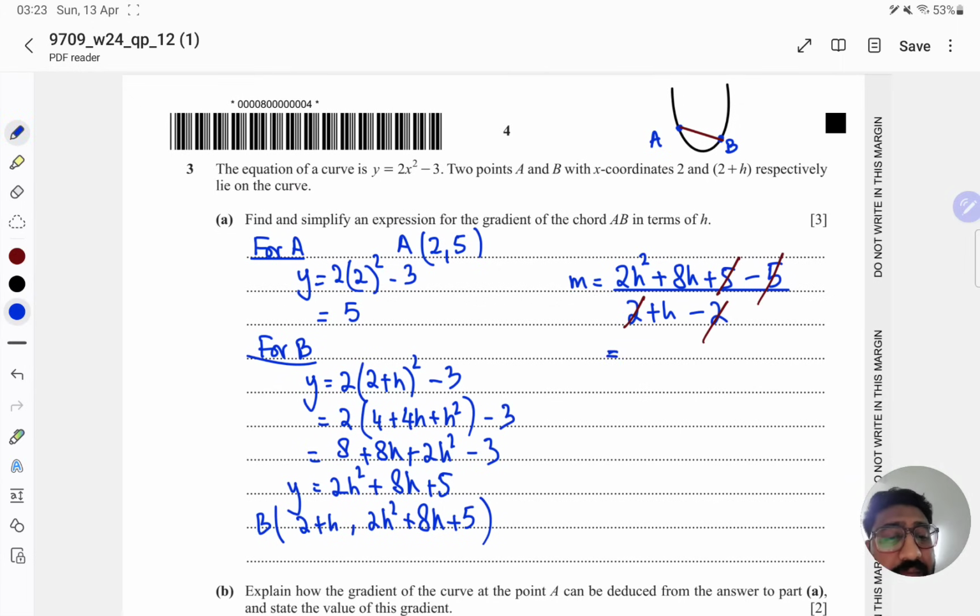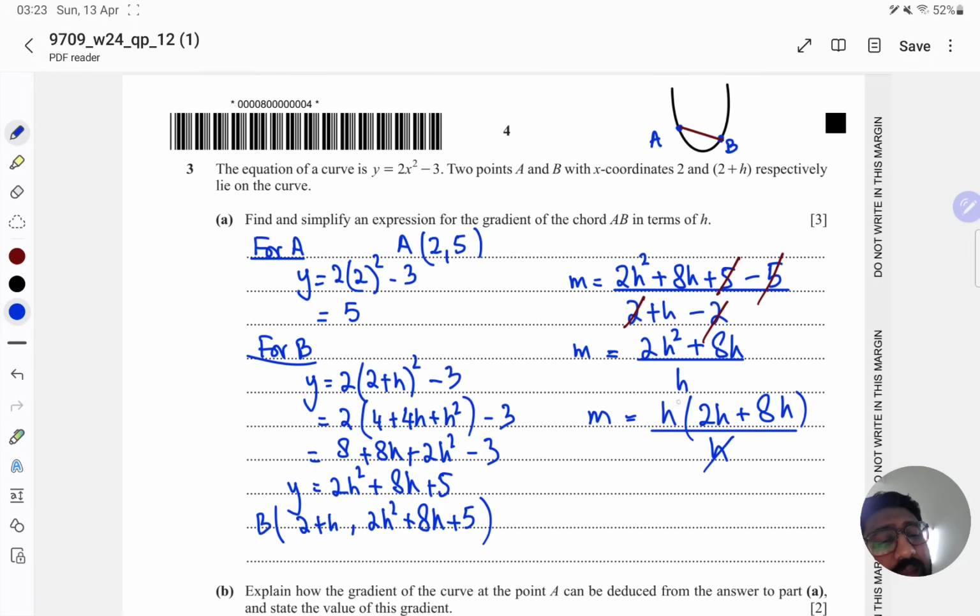So we will have 2h square plus 8h divided by h. We can further simplify by taking h common from the numerator, and this h can cancel with the denominator, and the gradient of the chord AB will be, there is no h here, so it will be 2h plus 8.